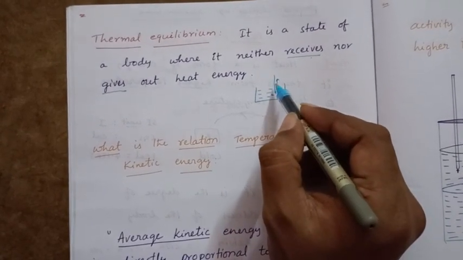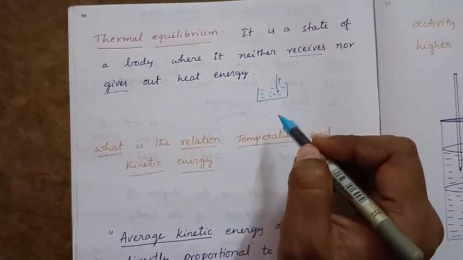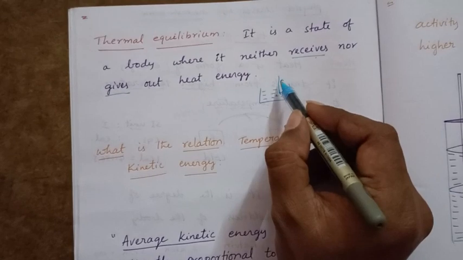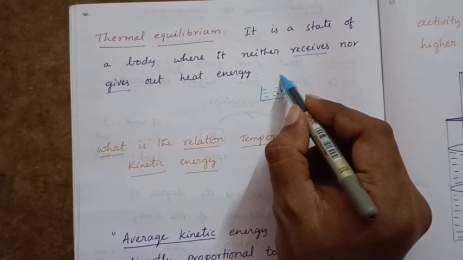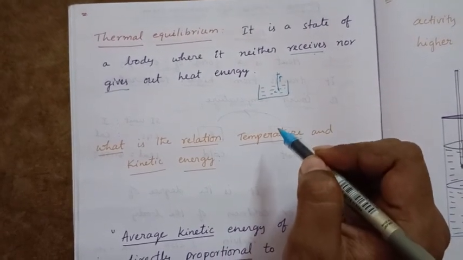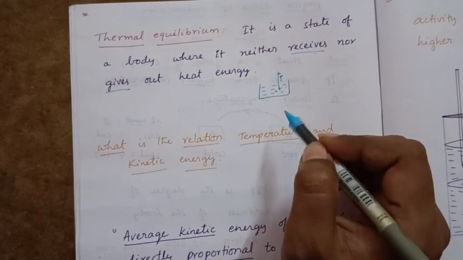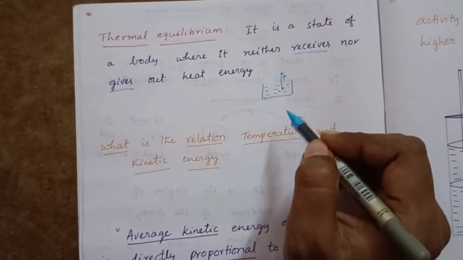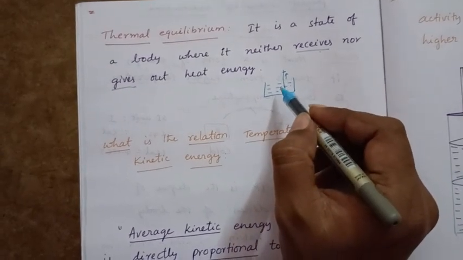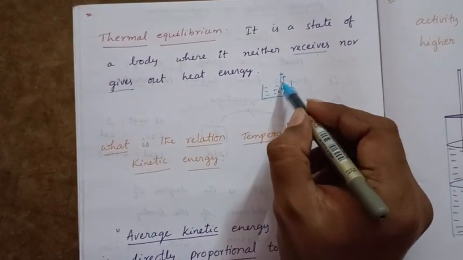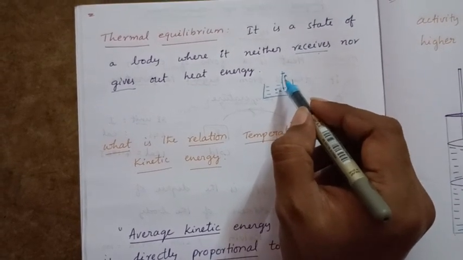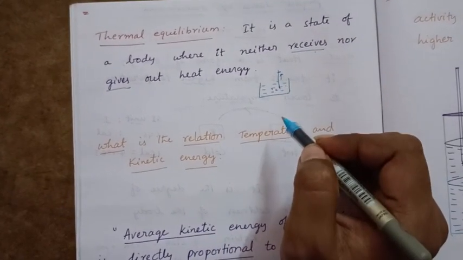When the mercury level stops increasing, we read the temperature. In that situation, the water and the mercury have the same temperature.